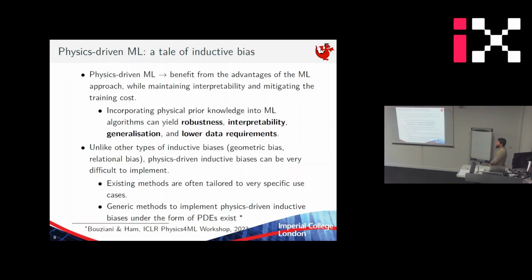But one comment is, unlike other types of inductive biases, like geometric bias or relational bias, and there are other types of biases, not just those two, physics-driven inductive biases can sometimes be very difficult to implement. When you have things like symmetry or equivariance, those can be relatively simple to implement depending on your setting. But when you have a certain system of PDEs, there are not that many ways.